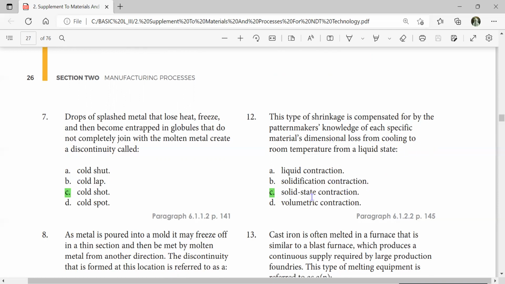Solid state contraction or shrinkage, solid state shrinkage.